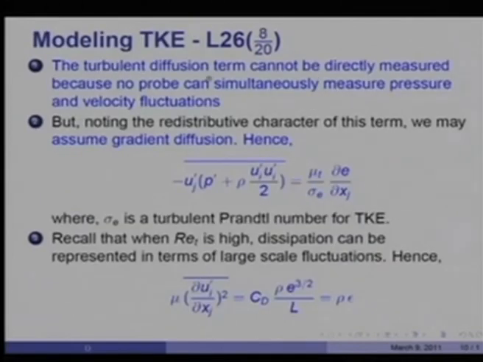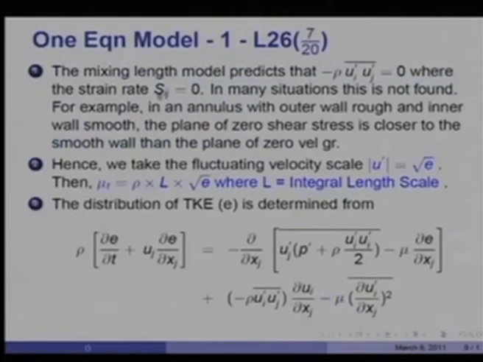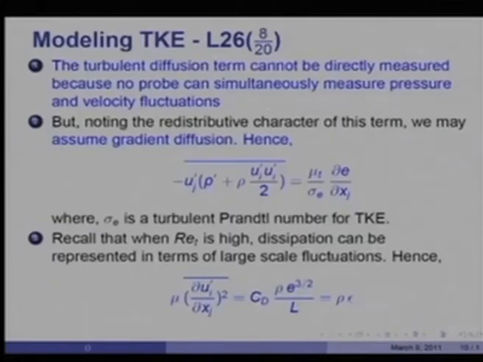Now, the turbulent diffusion term, which contains pressure fluctuations and the triple velocity correlation, cannot be measured directly, because no probe can simultaneously measure pressure fluctuations and velocity fluctuations, and therefore, we need to model it.